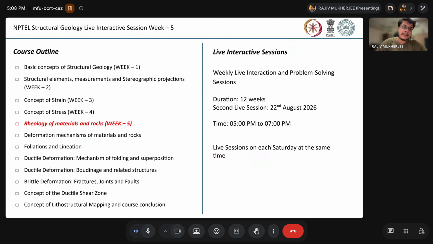So we will mostly deal with how the elastic constant of a material would change if we apply pressure, if we apply temperature, if we introduce pore pressure into the system, how the effective stress would change, and so many other things that are mostly related to the mechanical parameters or mechanical properties of a material, right?